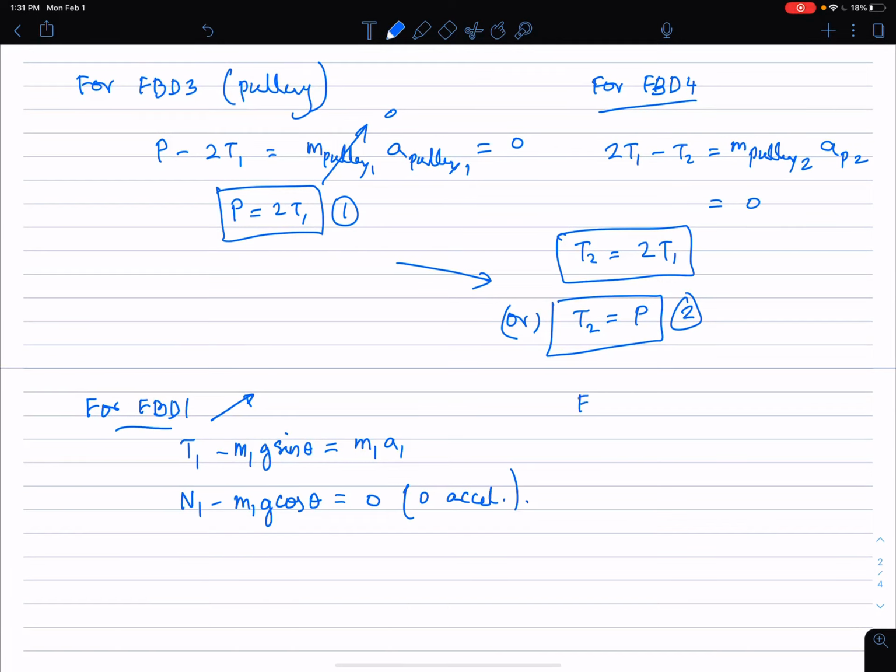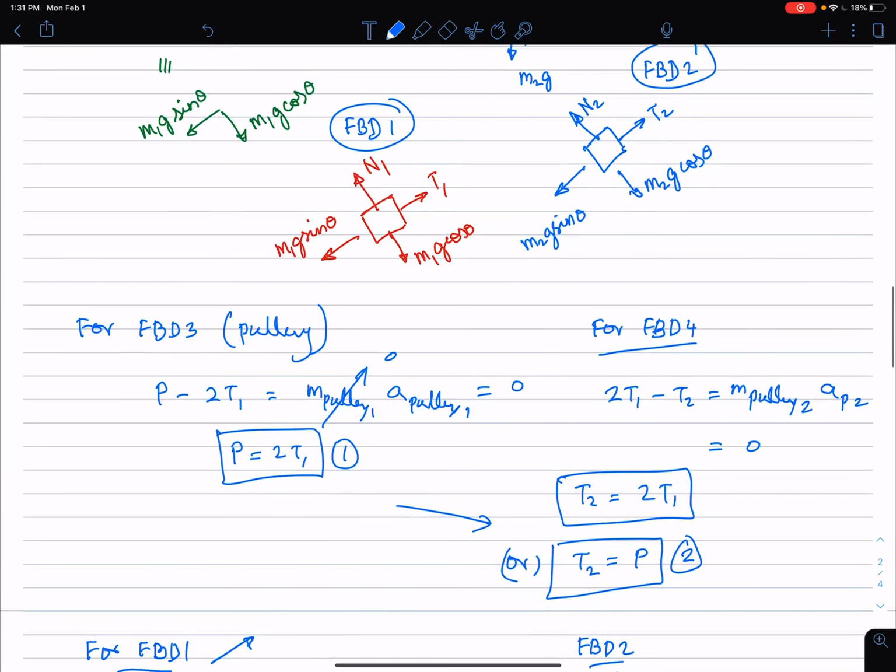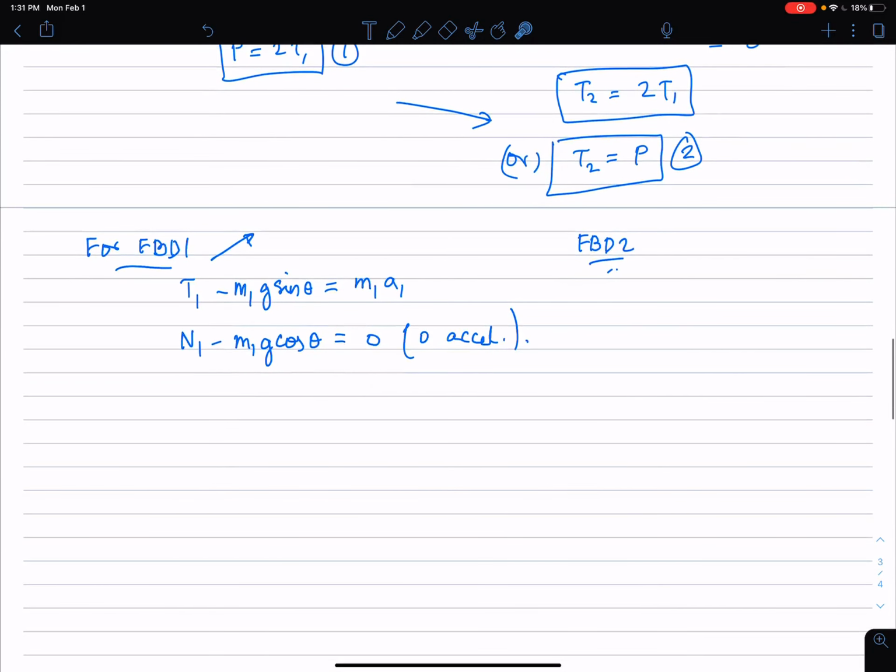Okay, and then for FBD2, we have T2 minus M2G sine theta is M2A. And of course, N2 minus M2G cosine theta equal to 0.